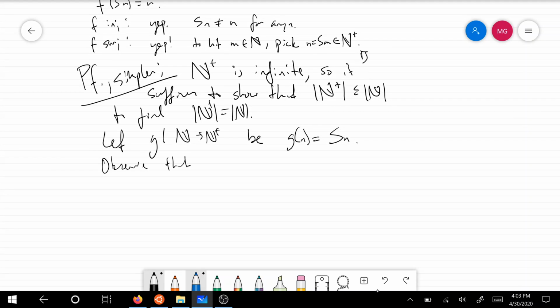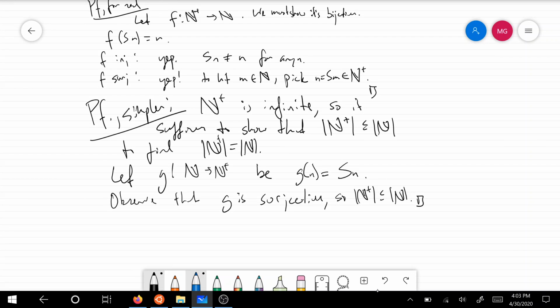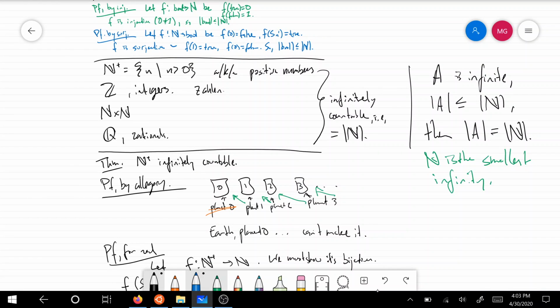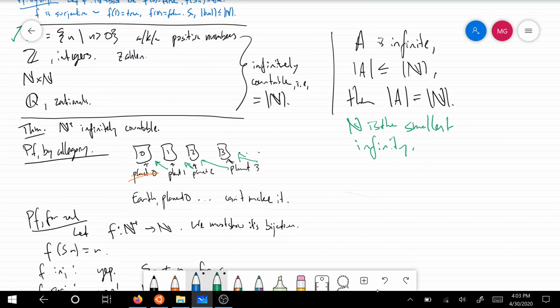Observe that g is surjective. So the cardinality of N plus is less than or equal to the cardinality of N. Nice. Simple. You can also do it with an injection from N plus to N. In fact, you would just probably choose the same f we had over there. Okay, cool. So, 1 down, 3 to go.